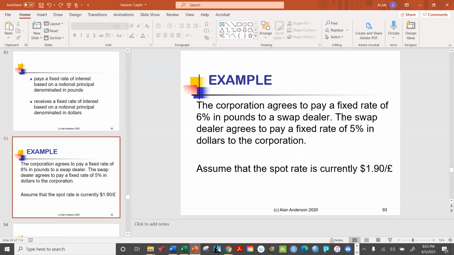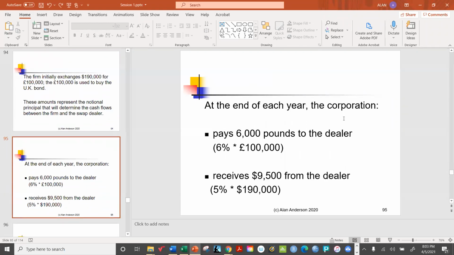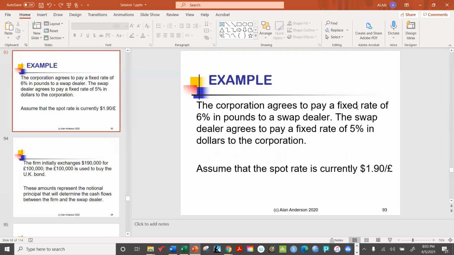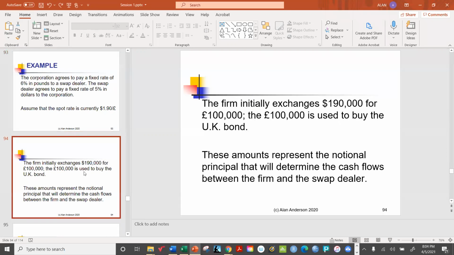Okay, so let's look at this diagram. So we start out, we agree to pay 6% to the dealer in pounds, and they in exchange will pay us 5% in dollars. The spot exchange rate is currently $1.90 a pound. So we spend $190,000 to buy this bond.